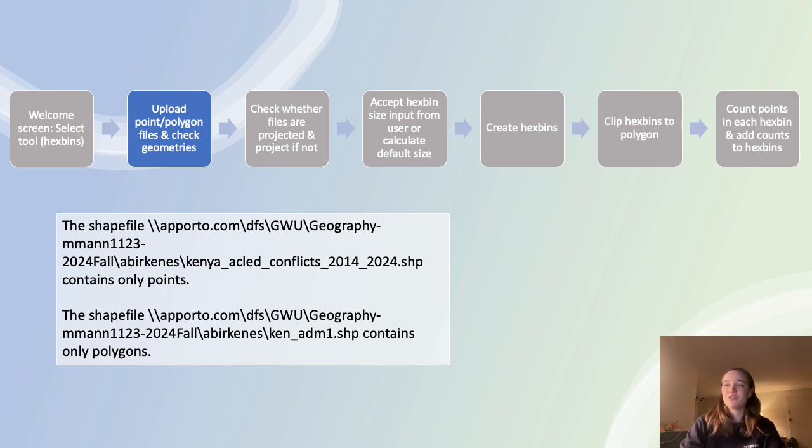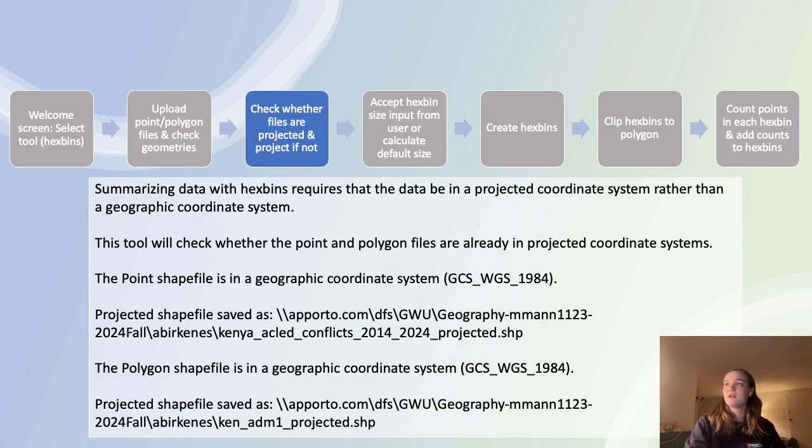I've uploaded these two files, and I receive the confirmation messages printed out saying that my shapefiles do meet the requirements of being only points and being only polygons. Like I said, the point file is for conflict events, and the polygon file is for Kenya, and specifically the admin one or county level.